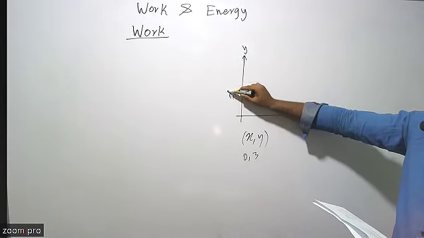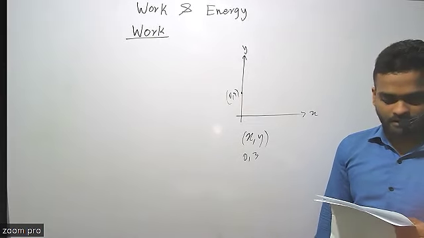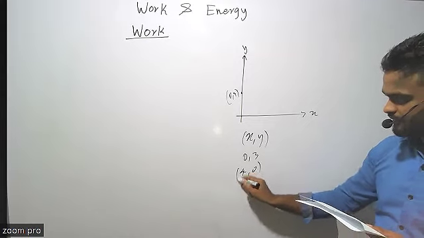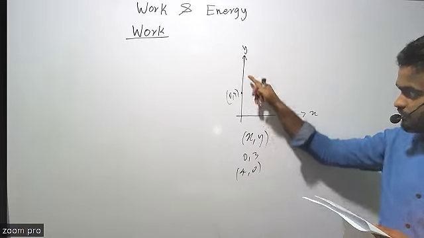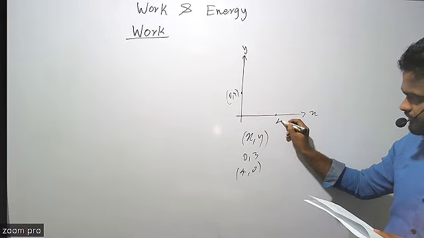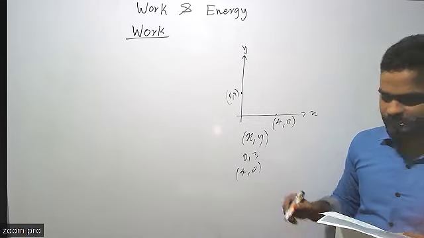This is the coordinate 0, 3. Okay. Then another coordinate is 4, 0. X is 4, Y is 0. Got it?